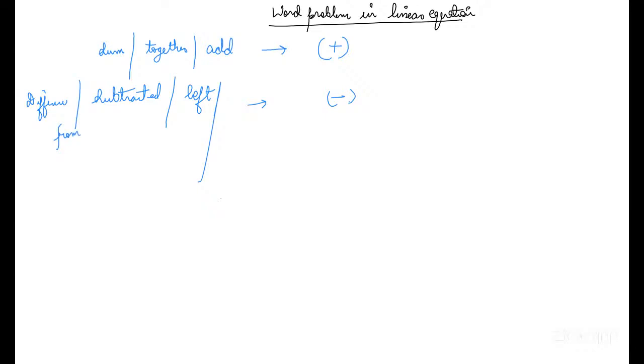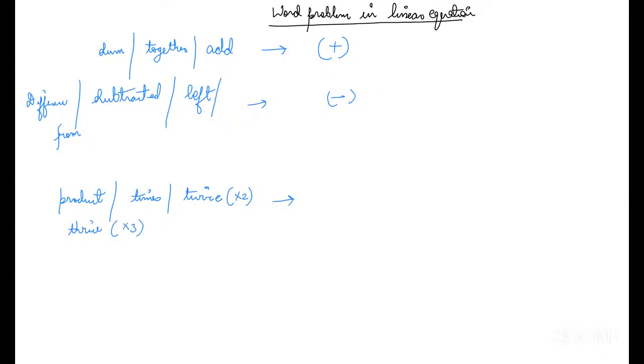Let me check one more keywords. If product or times are there, twice means multiplying by 2, thrice means multiplying by 3, like that.